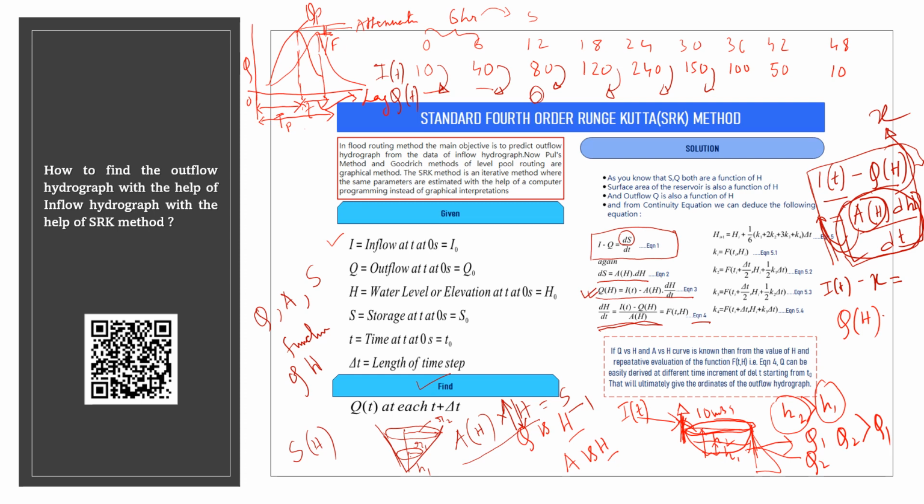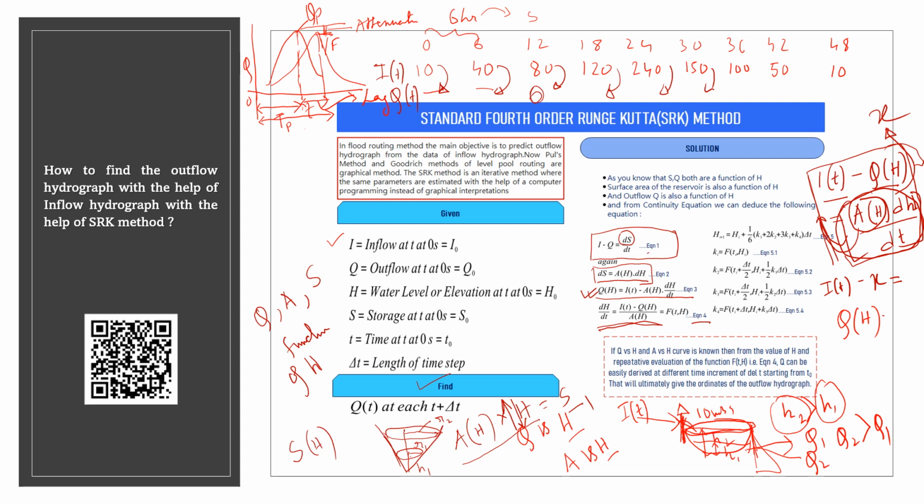So from the continuity equation and from equation 2, dS equals A into dH, where A is also a function of H, and certainly if you multiply that change dH with the surface area, it will give you the change in storage.